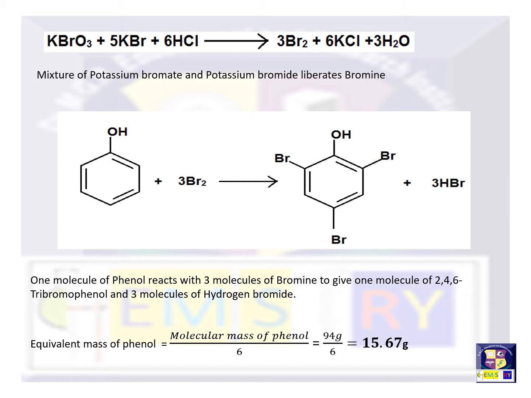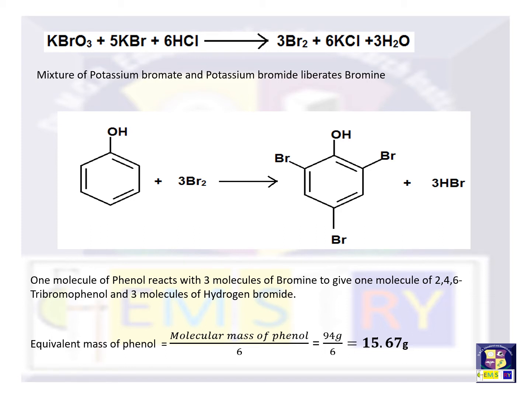Now when this liberated bromine reacts with phenol, that is our aromatic alcohol, it gives 2,4,6-tribromophenol, which is a yellow colored compound, and 3 molecules of hydrogen bromide. So 1 molecule of phenol reacts with 3 molecules of bromine to give 1 molecule of 2,4,6-tribromophenol and 3 molecules of hydrogen bromide.